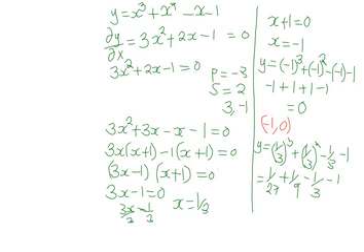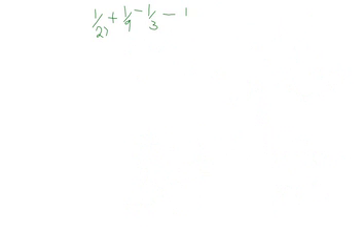So we can check: 1 over 27 plus 1 over 9 minus 1 over 3 minus 1. Yes, that's how our expression is.